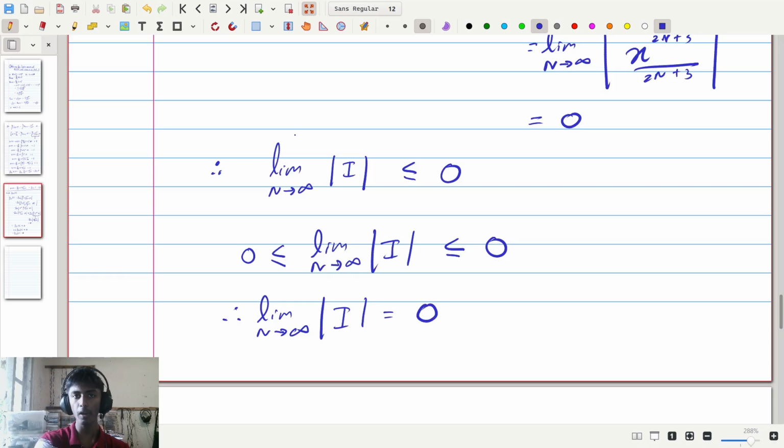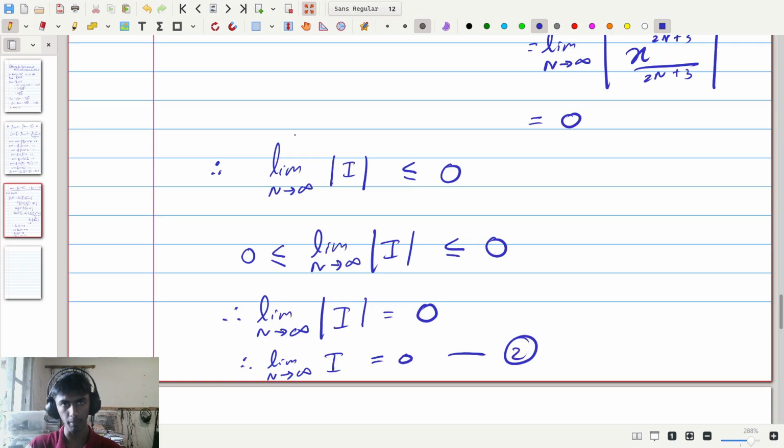If the absolute value of this thing is equal to 0, then the limit itself must also be equal to 0, because that's the only way that the absolute value of x is equal to 0, if x itself is equal to 0. So we can say that the limit as n approaches infinity of I by itself is also equal to 0. We'll call this statement number 2.